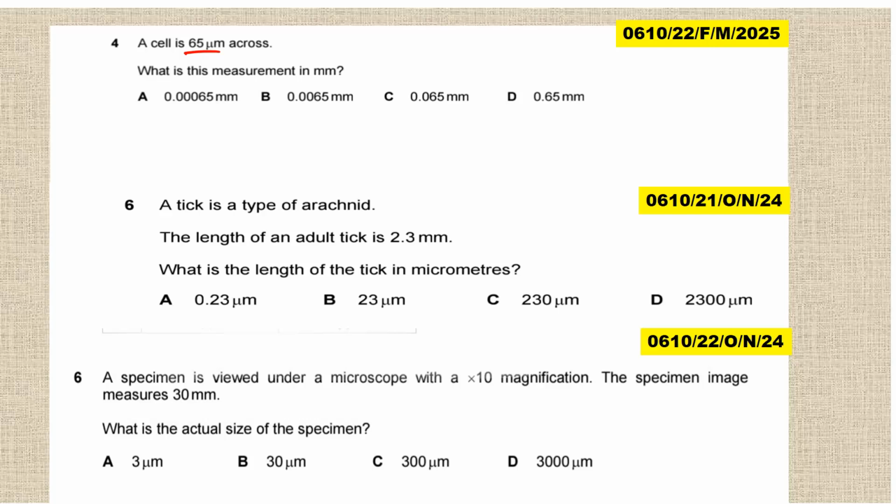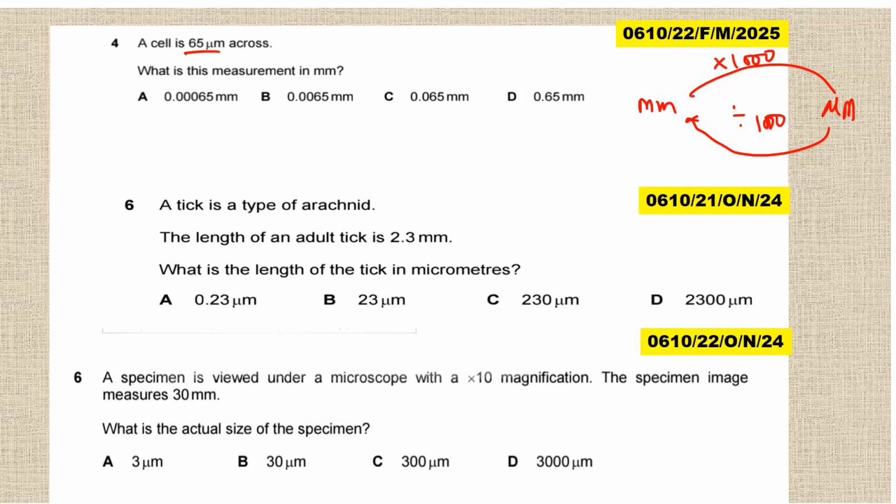So here we are just converting. The conversion from millimeter to micrometer, going that side, you multiply by 1000. But when you are coming back, you are at micrometer and coming to millimeter, you divide by 1000.